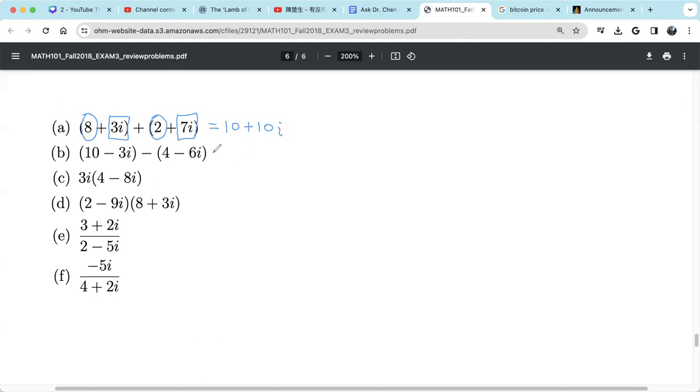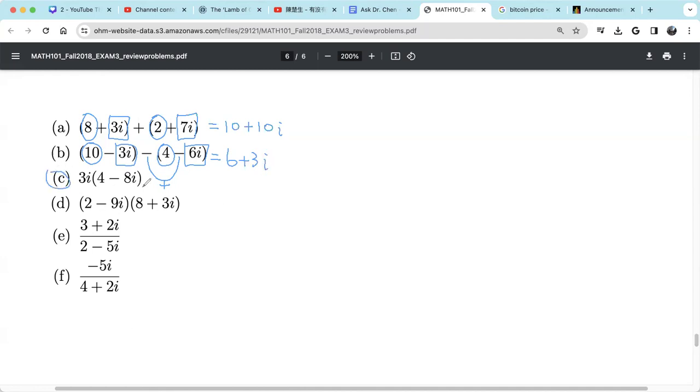And that's it. Same thing for subtraction: we subtract like terms. So 10 minus 4 is 6. Then minus 3i, minus a minus becomes plus, so -3i plus 6i. So we get a positive 3i.